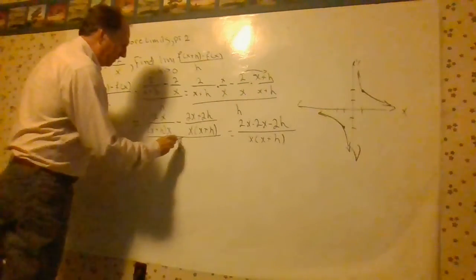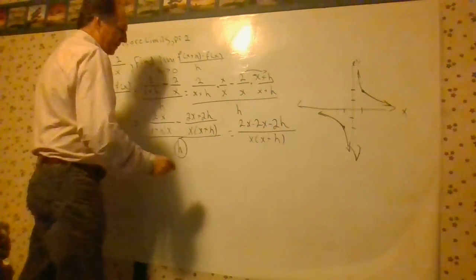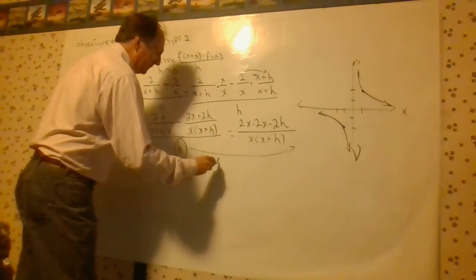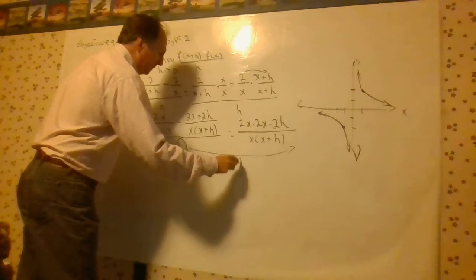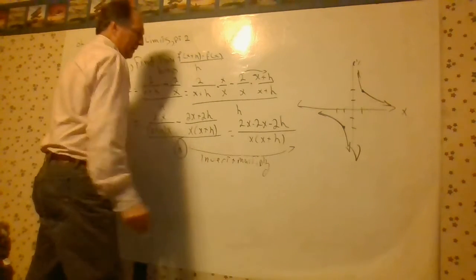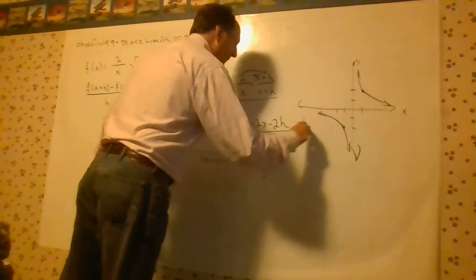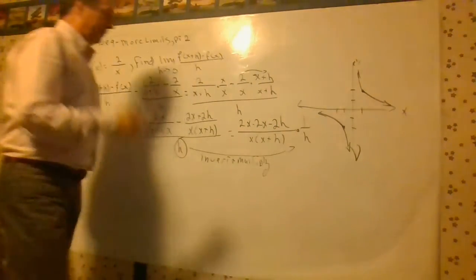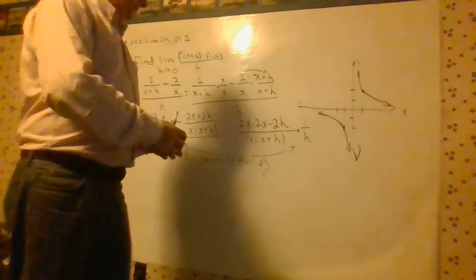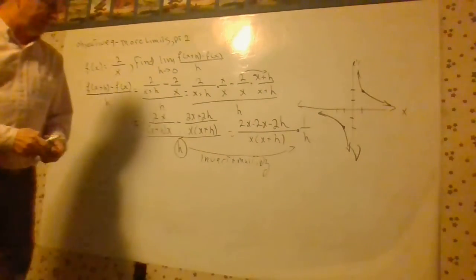Now this, we're going to invert and multiply. It becomes times 1 over h. Now is an appropriate time to do this.